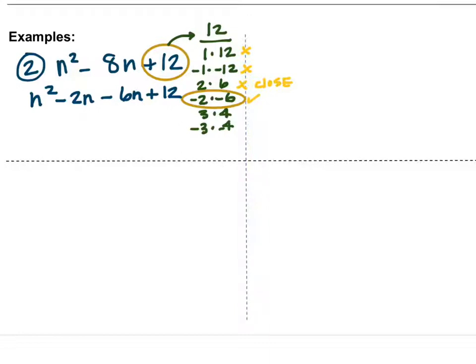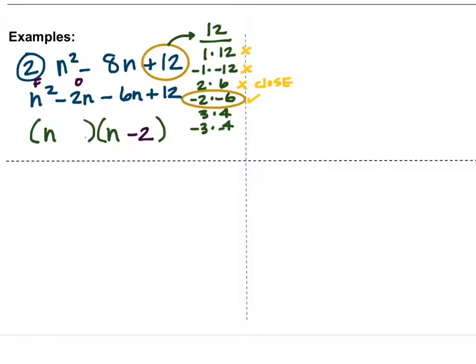Now from here we're doing the reverse FOIL bit, so we're going to have two binomials. And I'm going to have n times n as my first pieces. Then in order to get the outside terms, I'm going to have to place a negative 2 in the last position. So for those outside terms, I'm going to have n and negative 2.